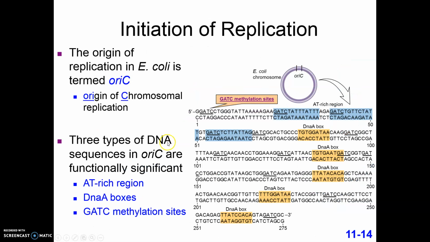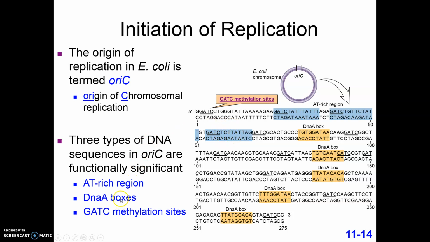Now, if we look at the origin of replication and look at its actual components, it has three main types of sequences. One is an AT-rich region. So here we have regions that have excessive amounts of A's and T's. You see very few G's and C's in this region.